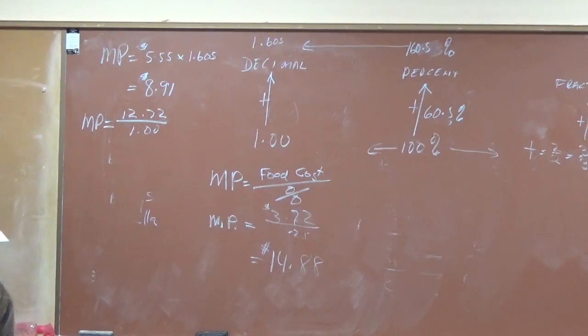So what's the menu price? $12.72. Are you making any money? No. Because your food costs just as much as how much the customer is paying. So you're working for nothing. You're actually losing money. You'll be out of business there. You see that?